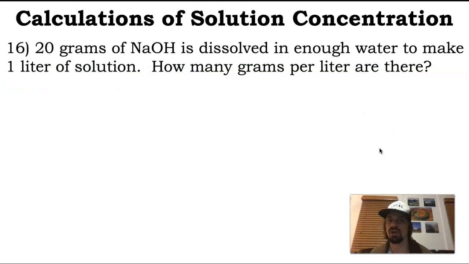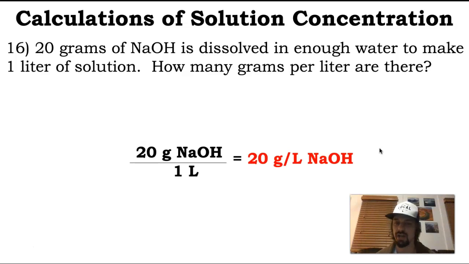If I have 20 grams of sodium hydroxide, and to make the solution I want to dissolve it in a liter of solution, what is that in grams per liter? 20 divided by 1 is 20 grams per liter. You would commonly see this if you're following directions: mix 20 grams in a liter of water to make this solution. I'm sure there are other things you can buy at the store where you'll see this concentration as well. So this, you just take grams per liter.